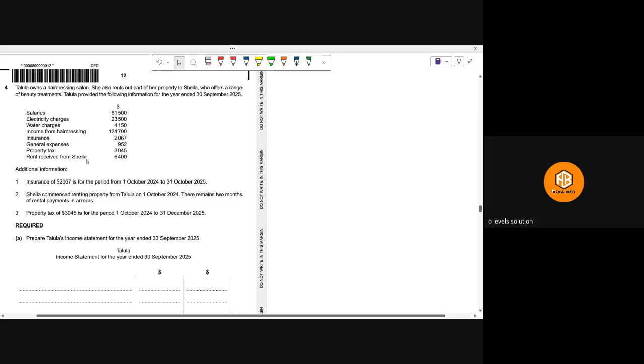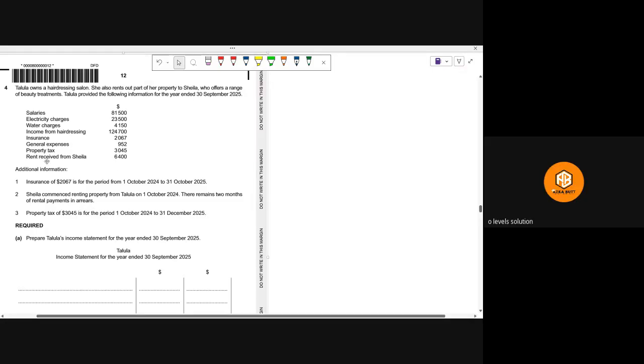So this rent which Talula is receiving from Sheila, can you find out what the monthly payment will be?